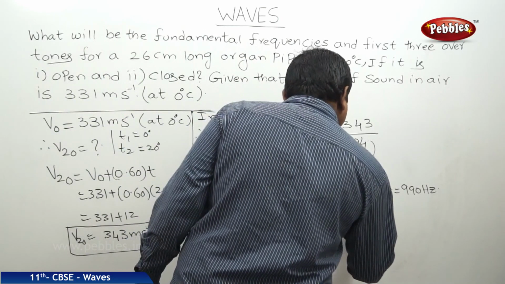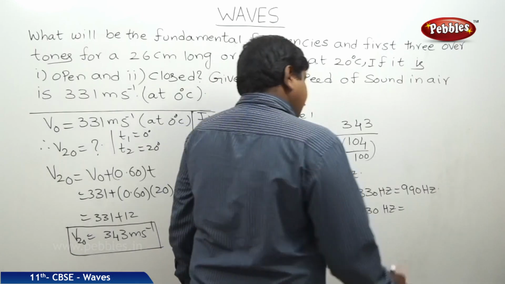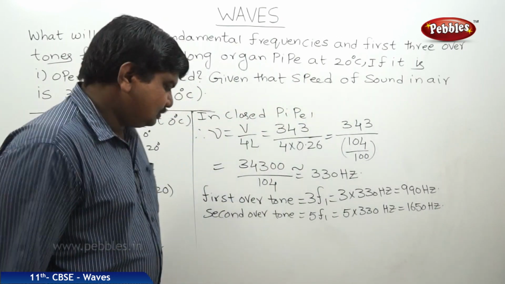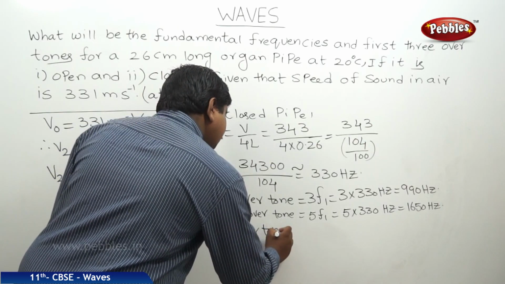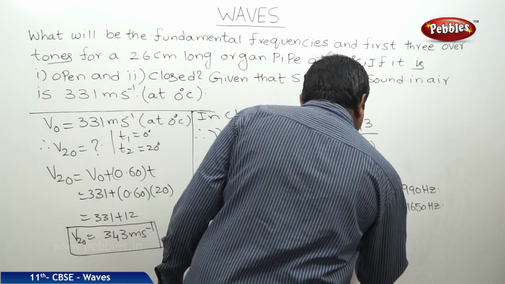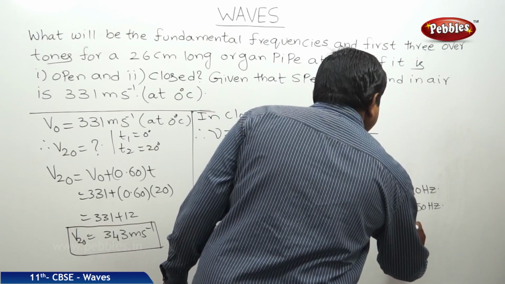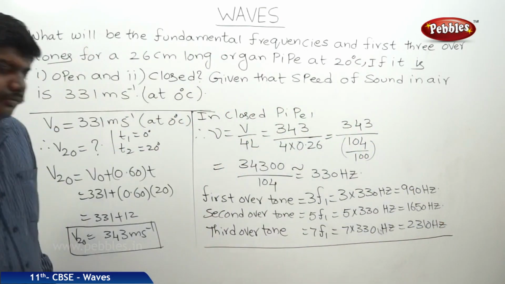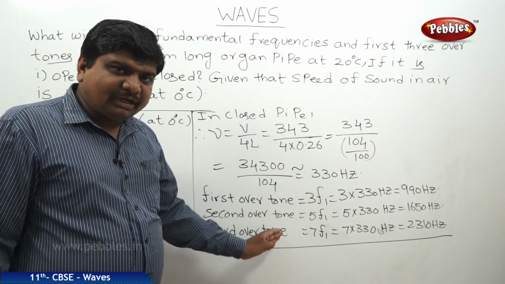Therefore it is 5 into 330 Hz, nothing but 1650 Hz. Third overtone, 7 F1. Therefore it is 7 into 330 Hz, therefore it is 2310 Hz. So like this, we can define all types of modes of frequencies in closed pipe also.